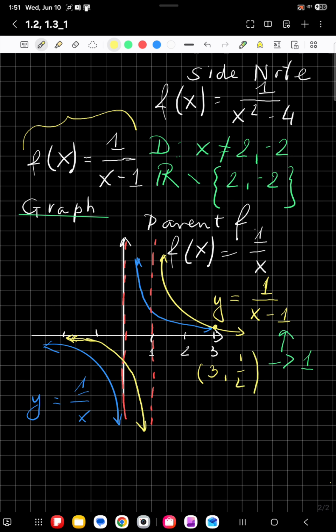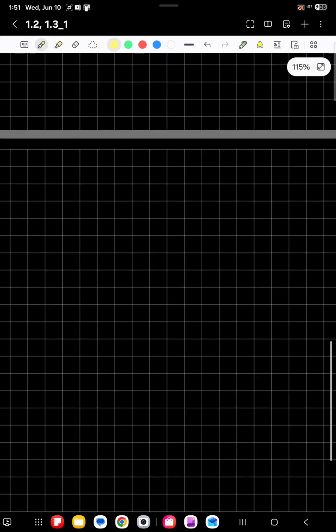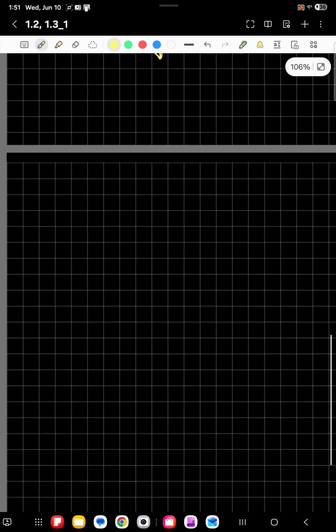All right, so that was a rational function, a reciprocal function. Let's look at the absolute value function. It's also quite important. So this is example 2, and this is the absolute value function.